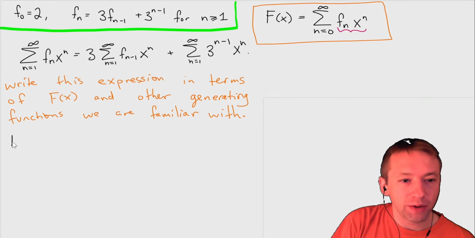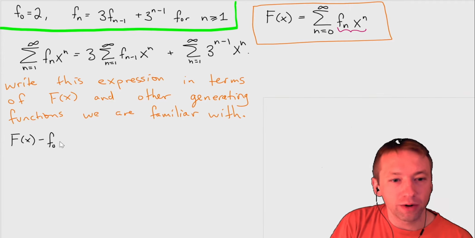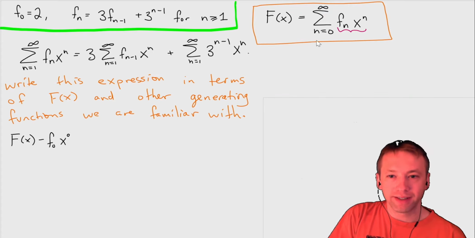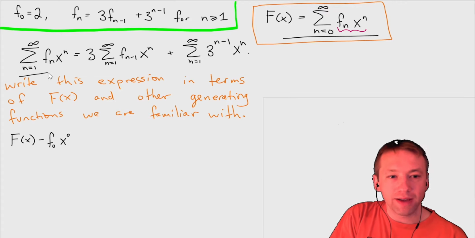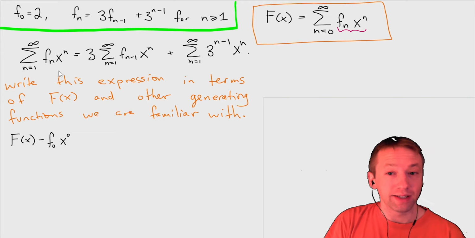So on the left side, what you have is f(x) minus f_0 x^0, because f(x) sums from 0 to infinity, and what we have here is the sum from 1 to infinity. So it's the same as f(x), except it's missing the 0 term, so we can just subtract it.